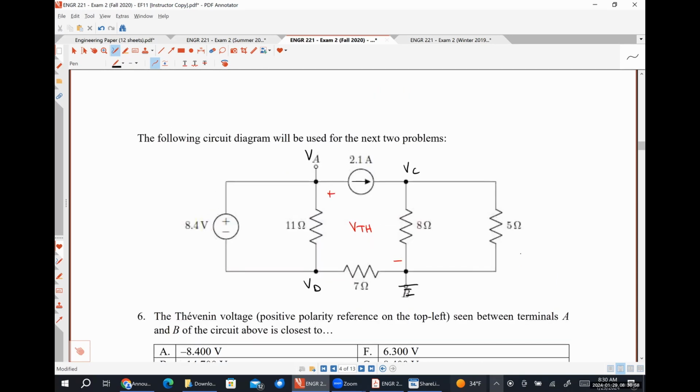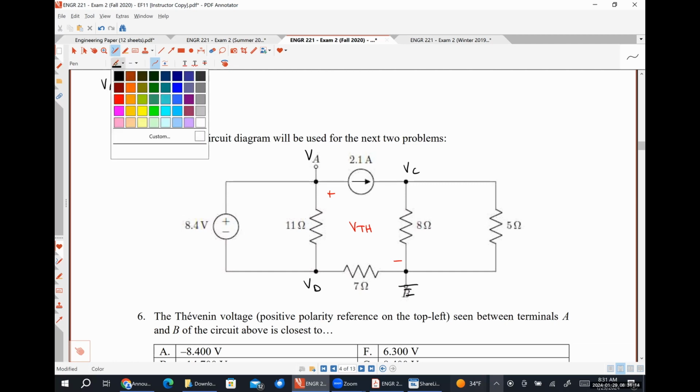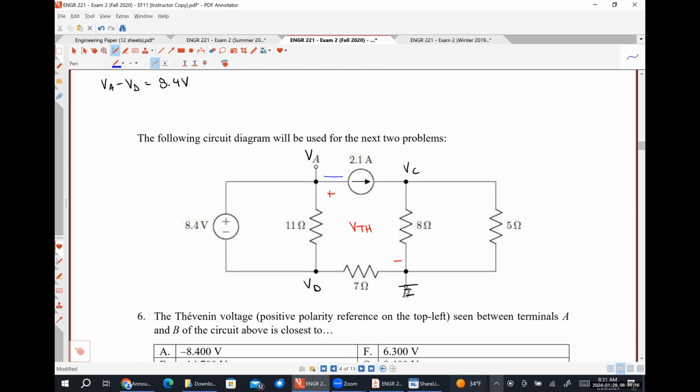So I have a voltage relationship equation that says VA minus VD is equal to 8.4 volts. Then I'm going to have a KCL equation at my supernode. So let me write those currents out. That's going to be this current plus this current.